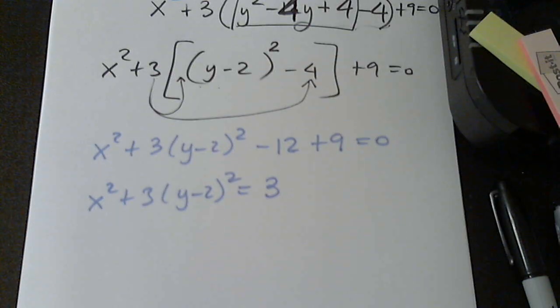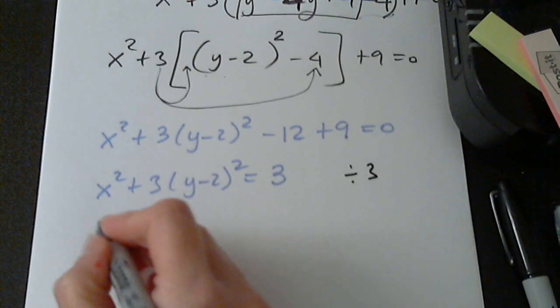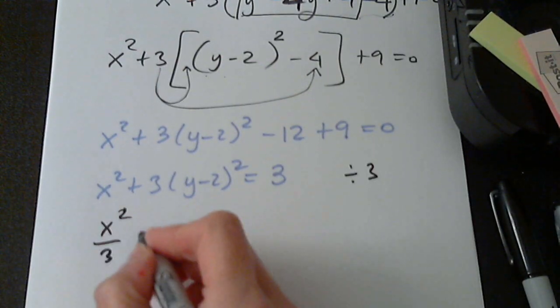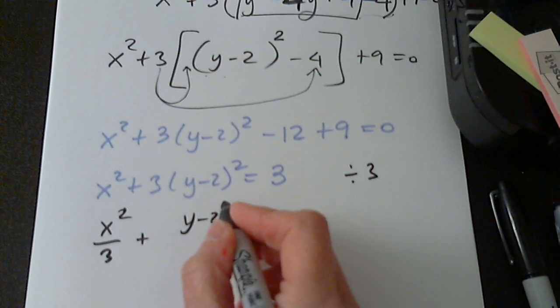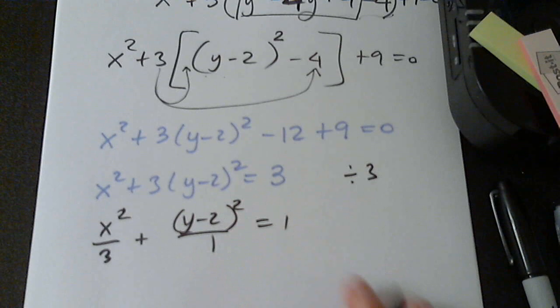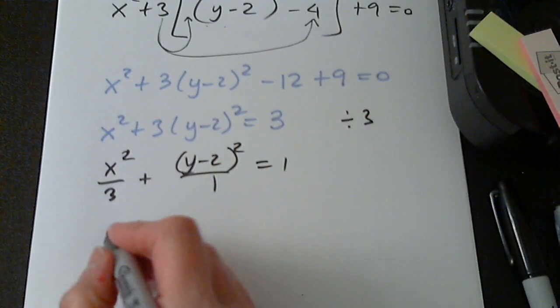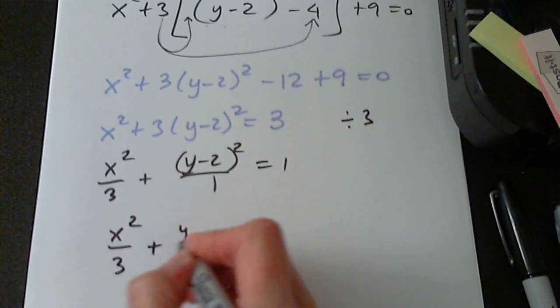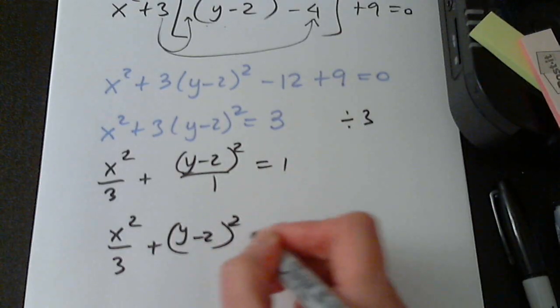Divide by 3. Of course. Thank you very much. So x squared over 3 plus y minus 2 squared over 1 equals 1. I shouldn't, but I wrote it up there. So x squared over 3 plus y minus 2 squared equals 1.